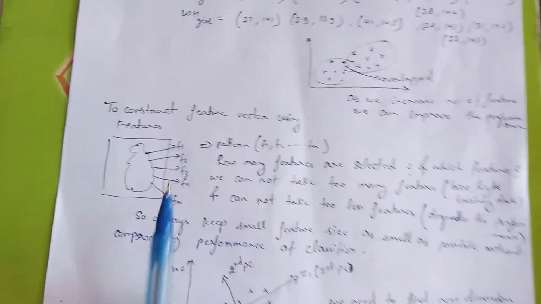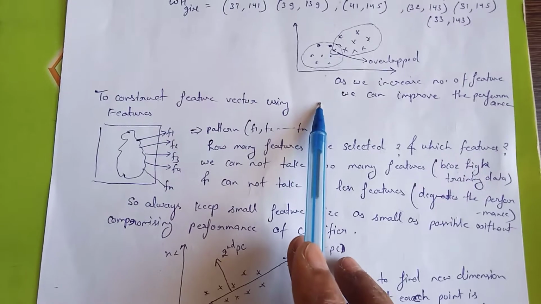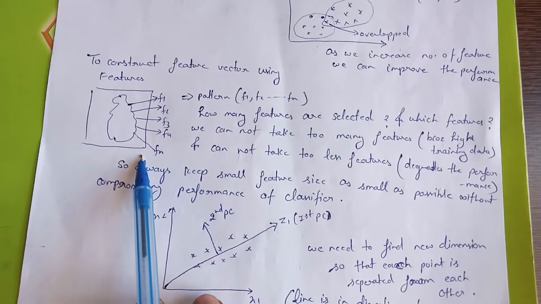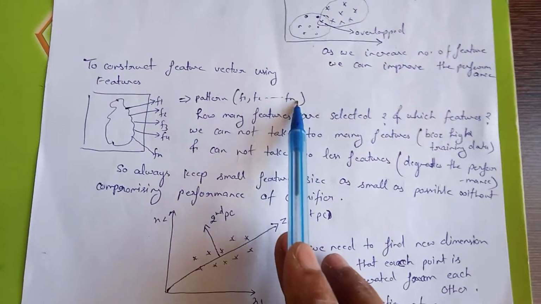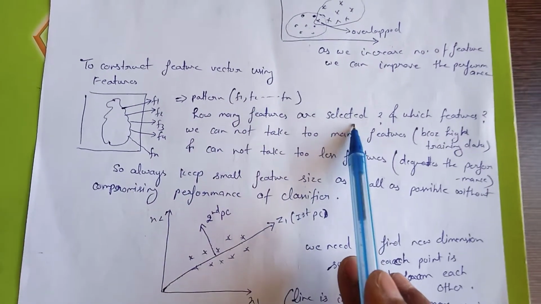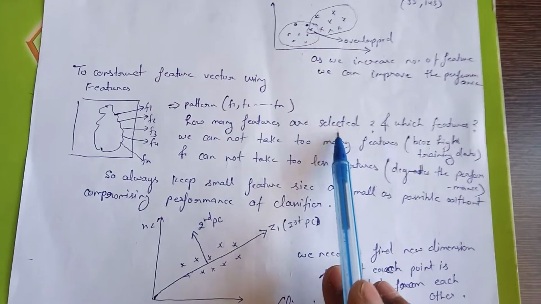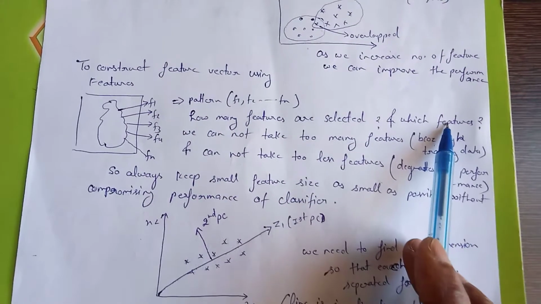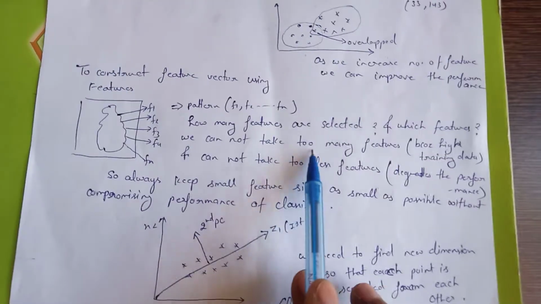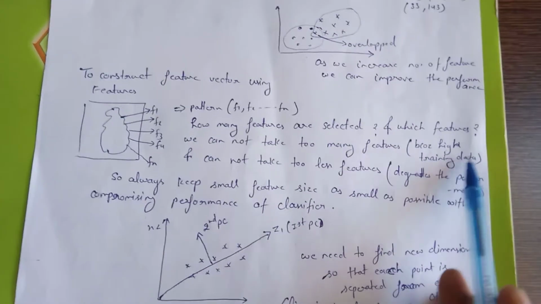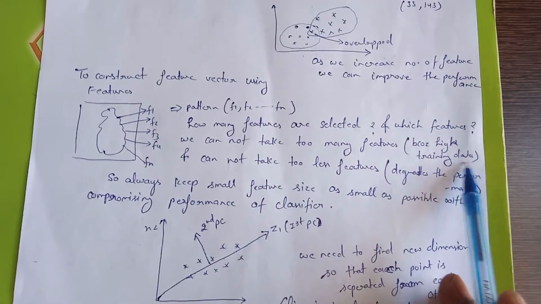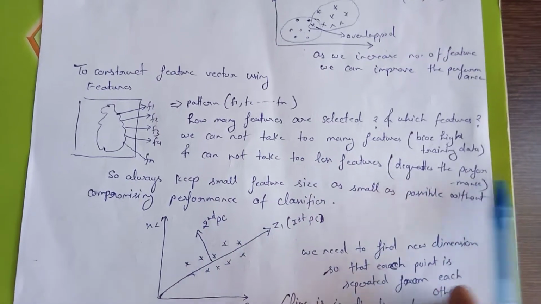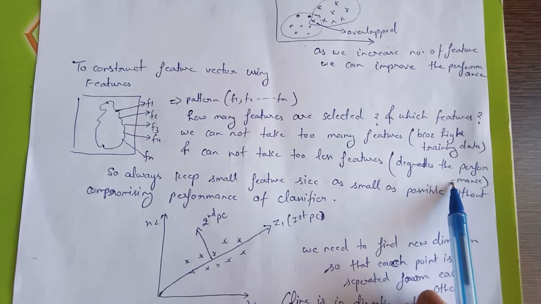In general, suppose there is an object which is defined with the help of multiple features. We have to select how many features we take for designing our classifier and which features we have to select. How to decide it? We cannot take too many features because the training data set will increase, and we cannot take too few features because it will degrade the performance of the classifier.